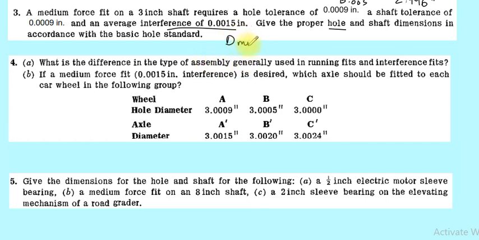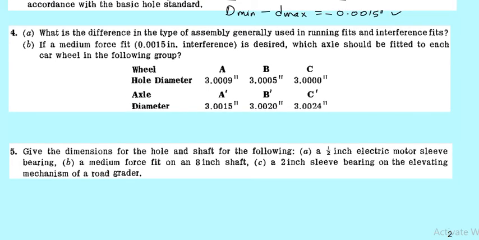What we normally did, for example, one way to find interference is to subtract these two values. Except that in this case you are given this value 0.0015 inches, and since this is interference, not clearance, this is a negative value. So using this relationship you can solve this problem. So I have given you a hint. I will leave the rest to you now.